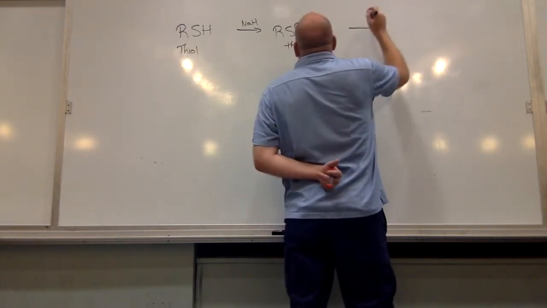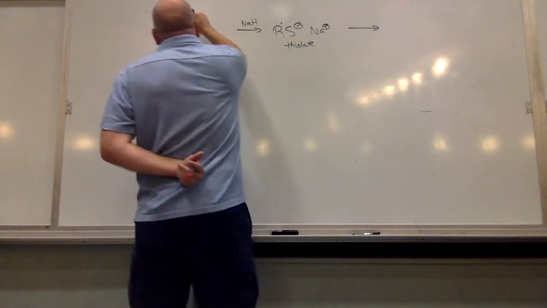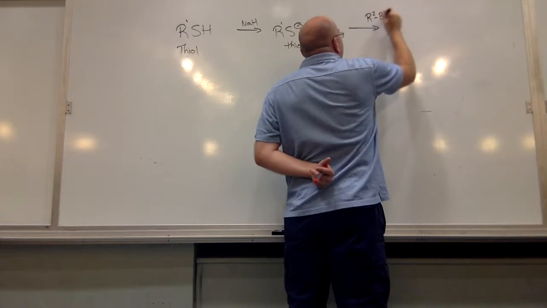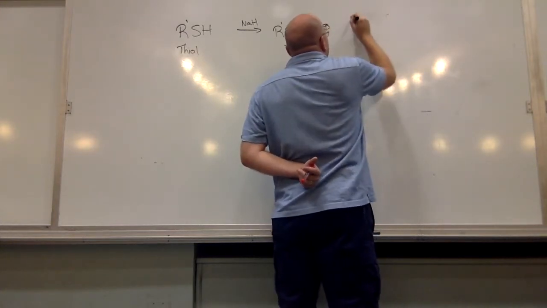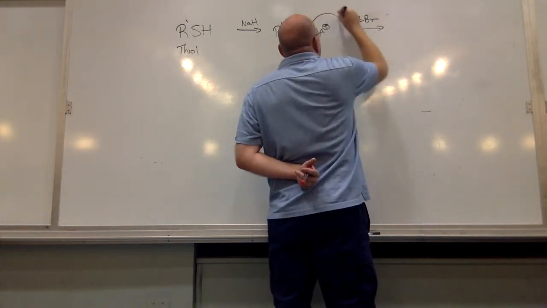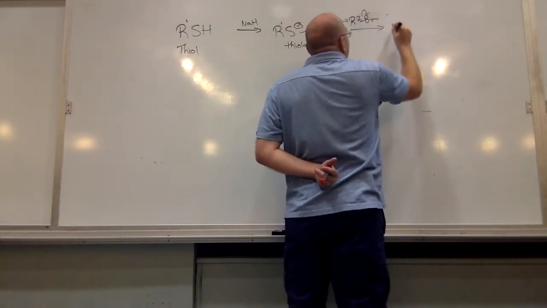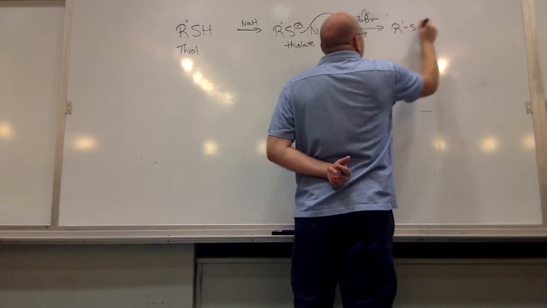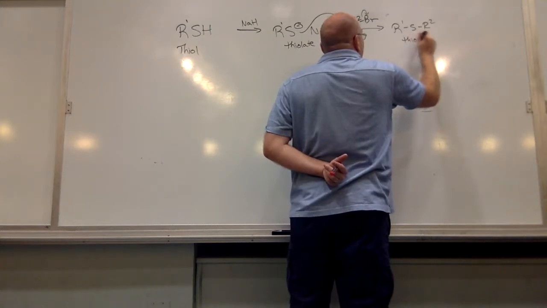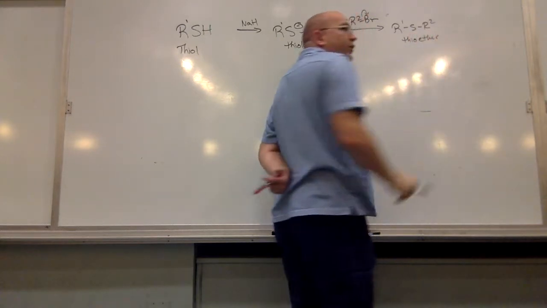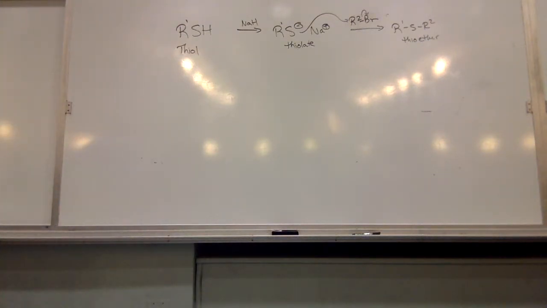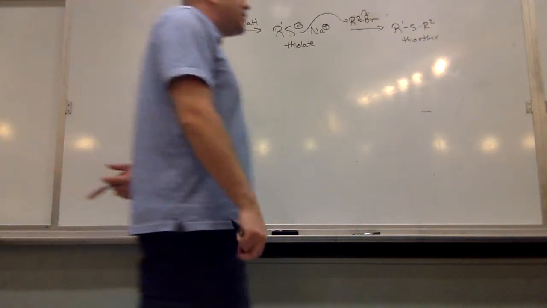So if we take that, if that's R1, and we treat it with R2 bromide, we can generate what we call a thioether. Colloquially referred to as a sulfide. I'll probably just call them thioethers to stay consistent with the terms.